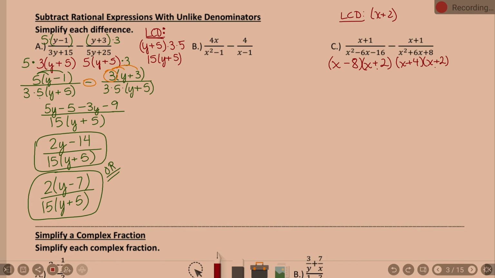After you get everything that's in common, go for your leftovers. What leftovers do I have? x minus 8. x plus 4. That means my common denominator has all three factors, right?